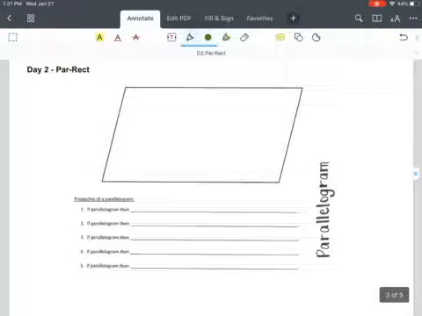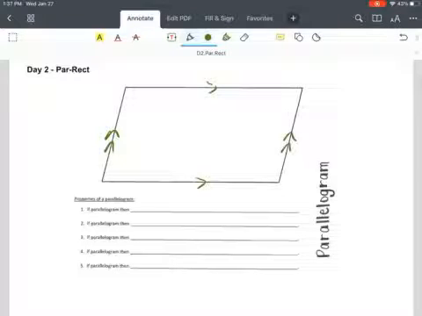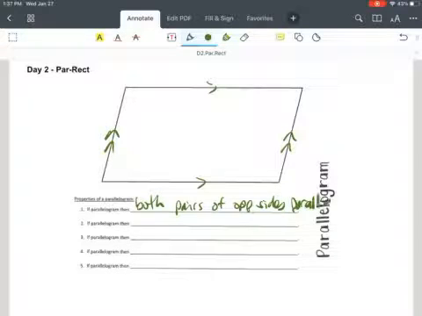So if I say that it is a parallelogram, then what are the things that must be true? So first off, what we had just said, that both pairs of opposite sides are parallel.